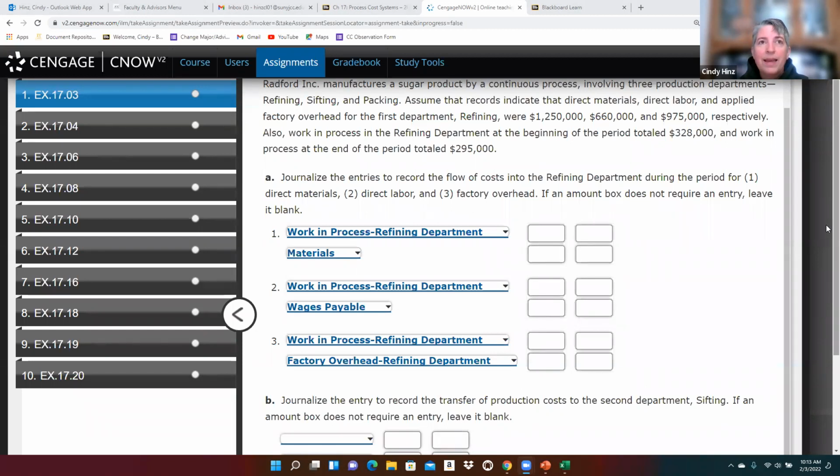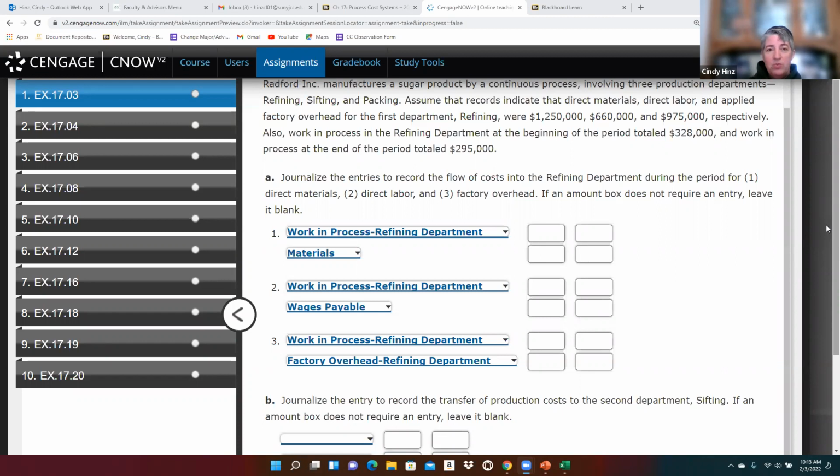If you chose to use just one general overhead account, you'd have to be using the same allocation base. We've talked about some various cost drivers: direct labor hours, machine hours, direct labor dollars are the 3 that come to mind. If you were going to use one overhead account, you would have to have just one overhead cost driver.